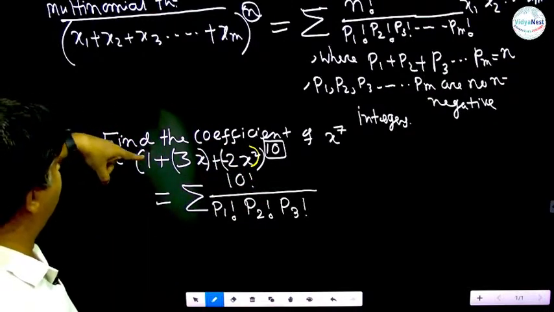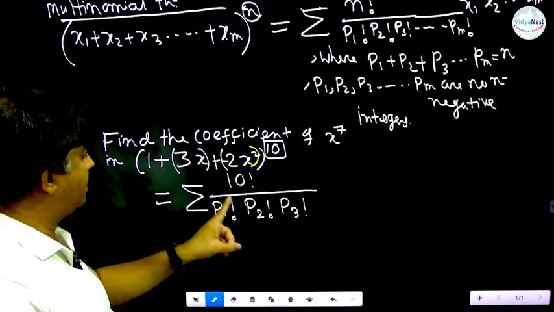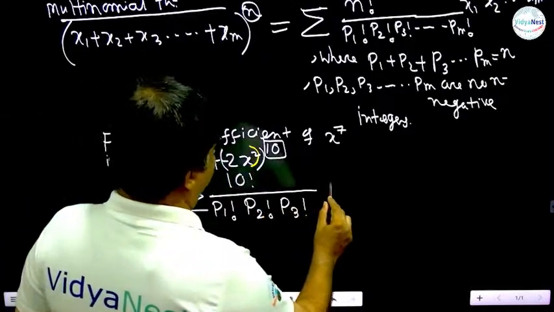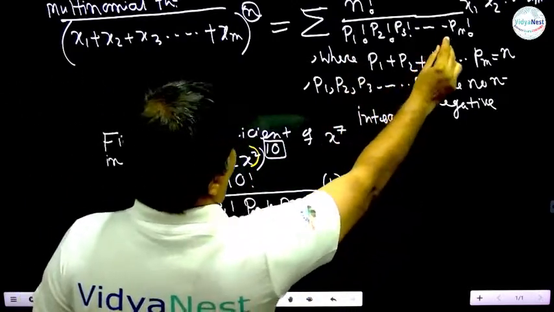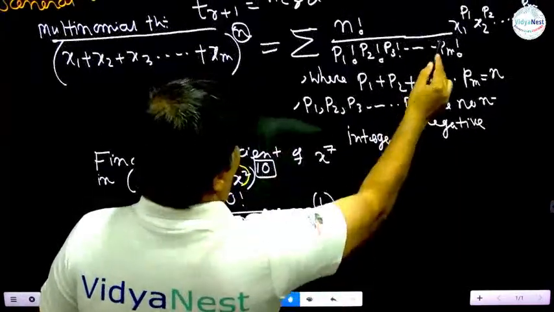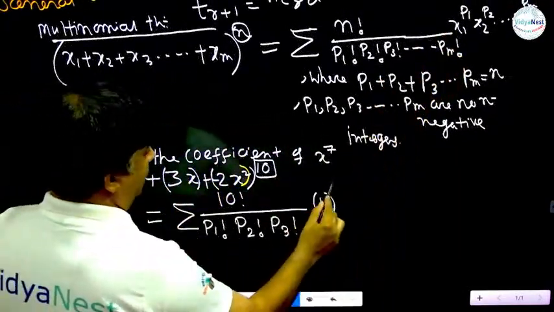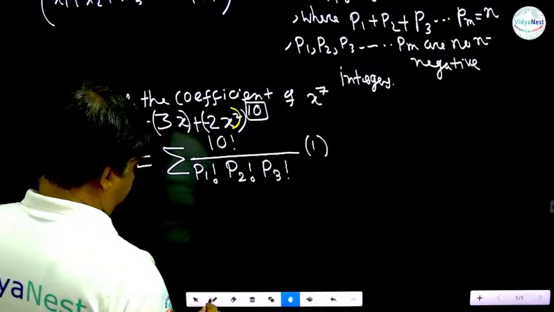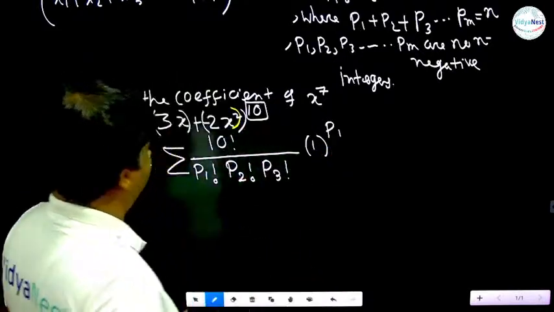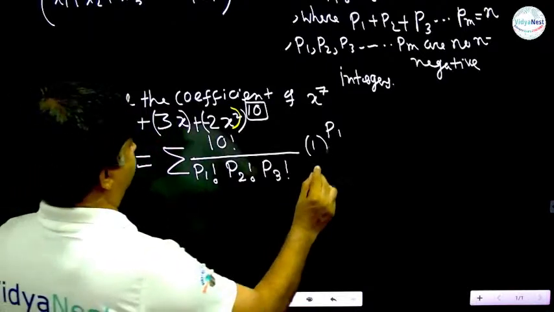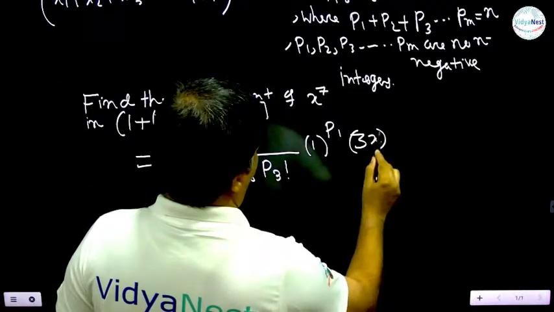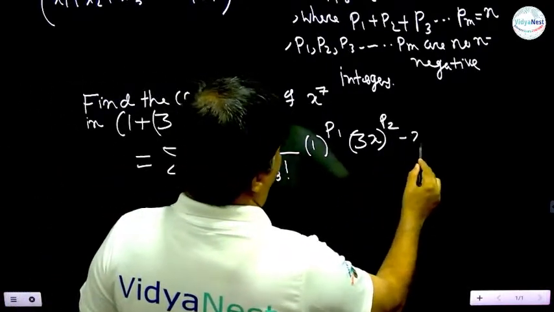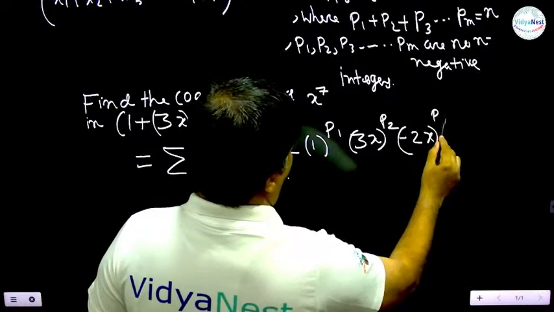So, each term, this 1 repeats say p1 times, 3x repeats p2 times, and minus 2x square, third term repeats p3 times, means according to this theorem, ये x1 का पावर है p1, so 1 का पावर है p1, थ्री एक्स का पावर है p2 एंड माइनस 2x स्क्वेयर का पावर है p3.